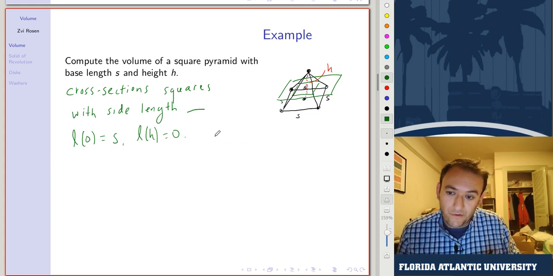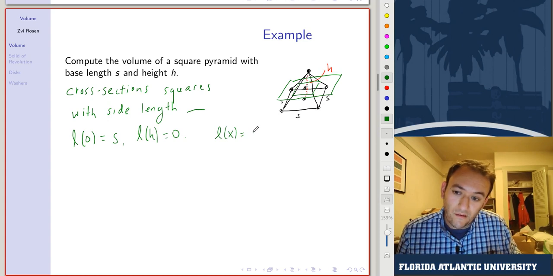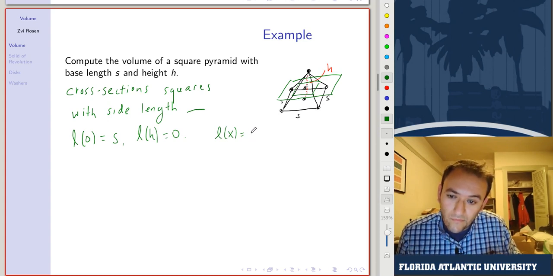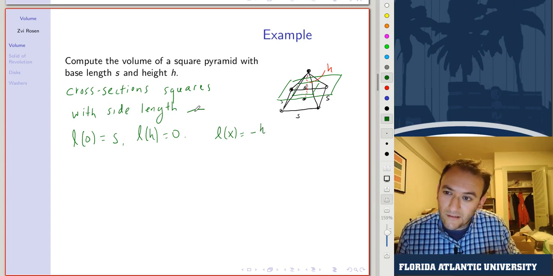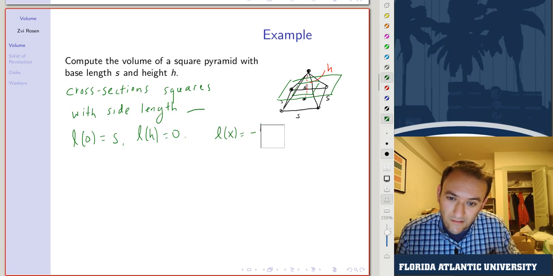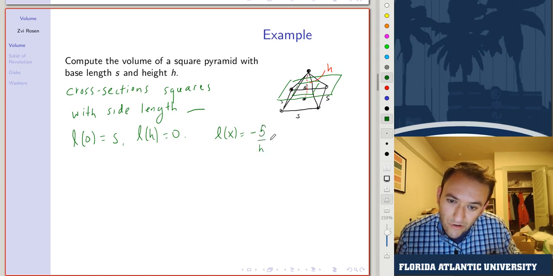Okay, so one possible function like that will be L of x equals minus, how should we do this? Let's make this minus s over h times x plus s.